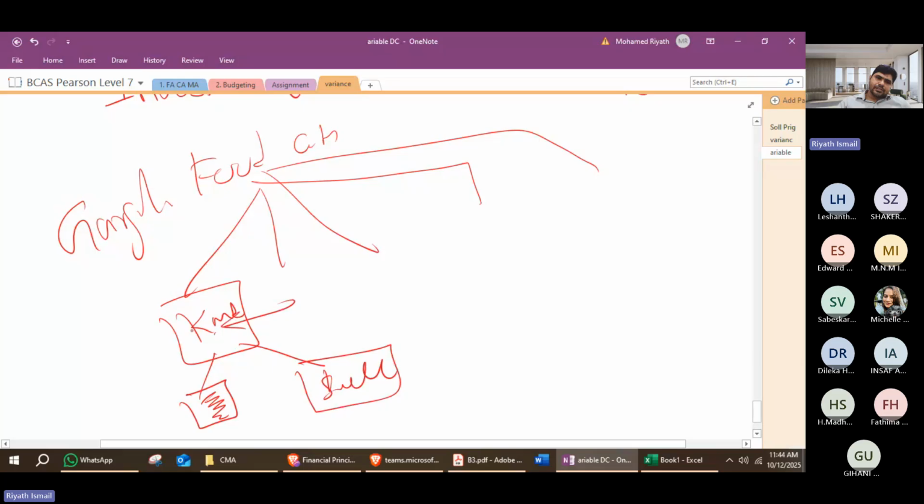So this is Cargill's Kandy branch. They buy goods and sell goods. Buy and sell. So this Kandy center is responsible for making profit.